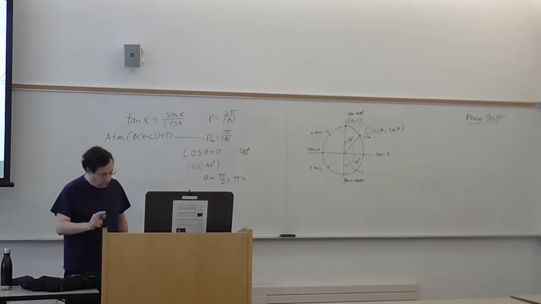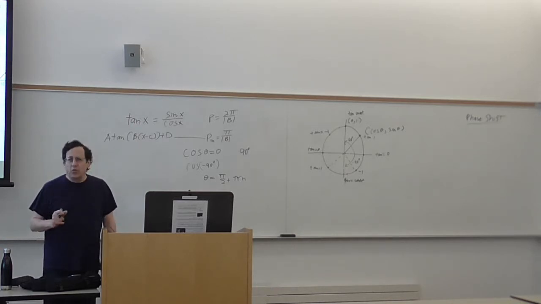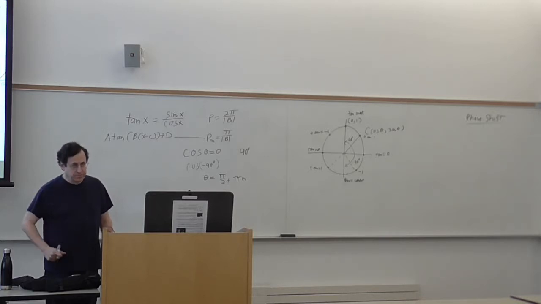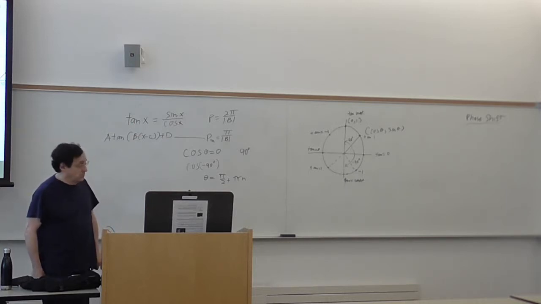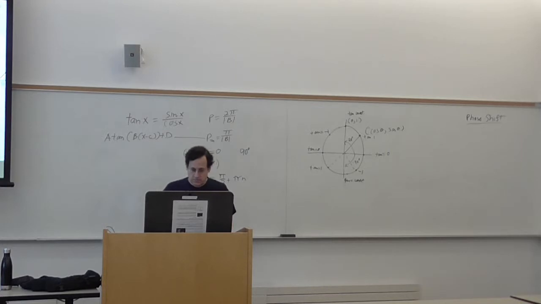This should be an even simpler question than these. Where will we get vertical asymptotes for the tangent function? But I draw one in here.